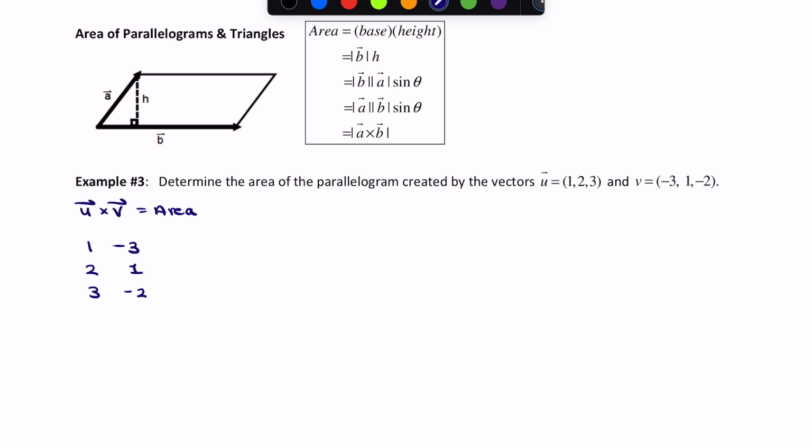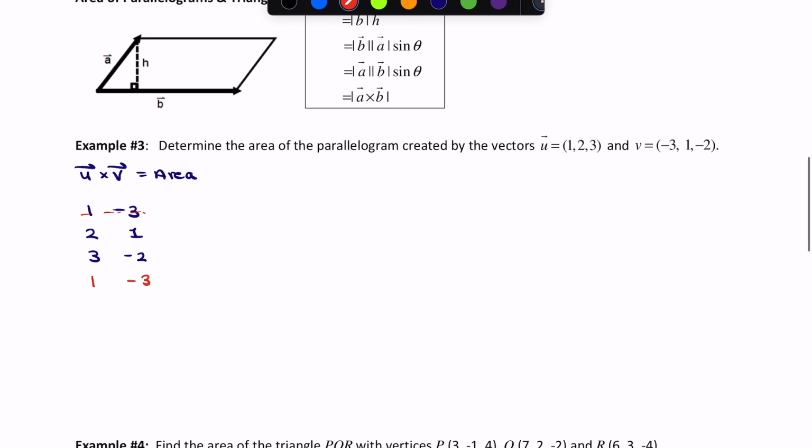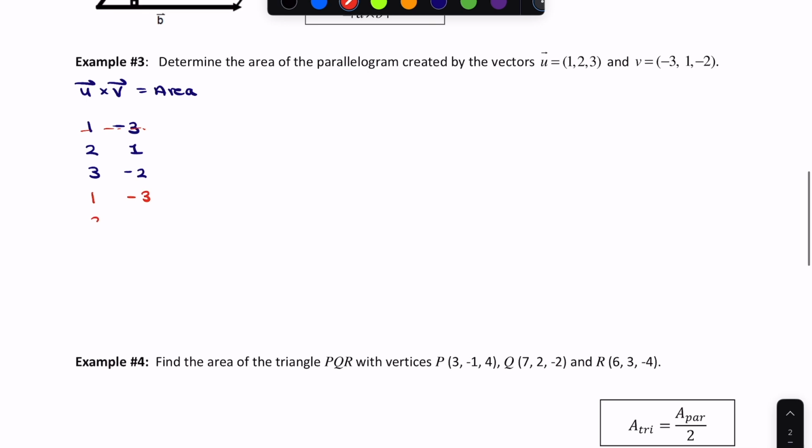And then we will rewrite, we'll get rid of this first one here, but we'll rewrite it. So we'll rewrite it as 1 and -3, and we'll rewrite as well 2 and 1. Then we apply the cross product.